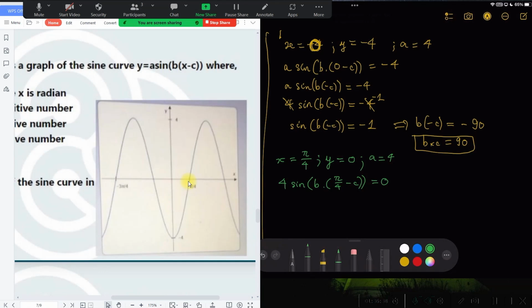So it means sine b times pi divided by 4 minus c to 0. Sin mấy bằng 0 mọi người? Chính là 0, right? Sine of what equal to 0? So it means that b pi divided by 4 minus c actually equal to 0 as well, isn't it? Do you agree with me?